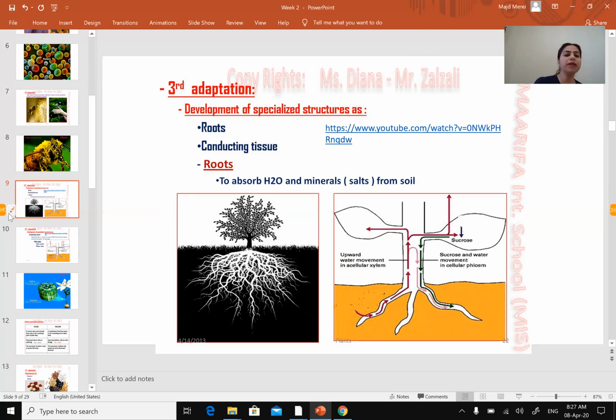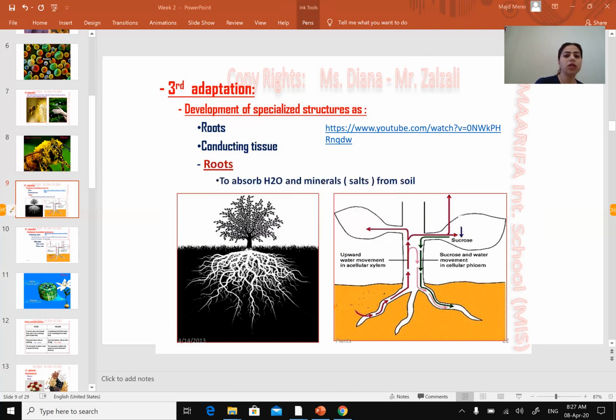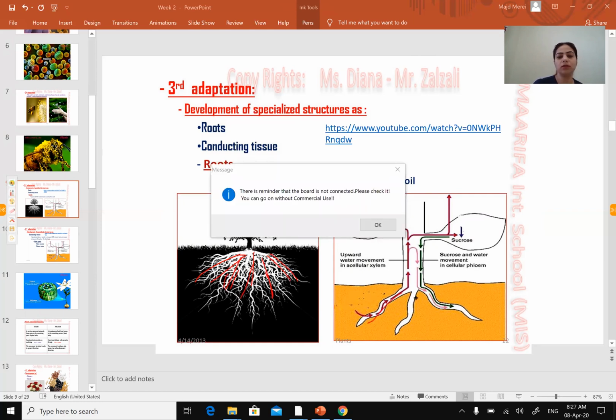For roots, as you learned in lower grades, the functions of roots help plants to survive on land. What is the function of the root?